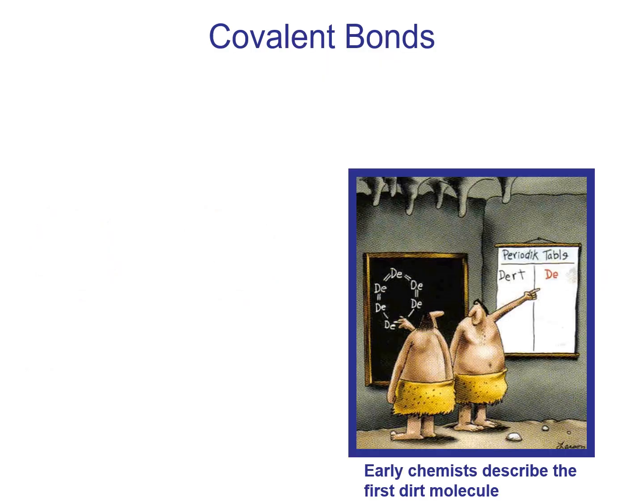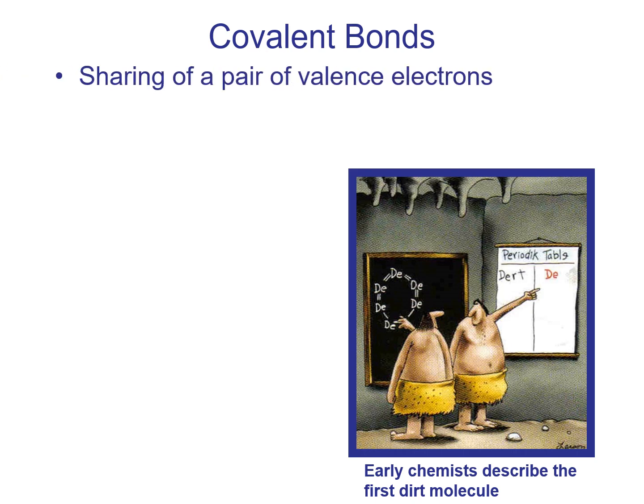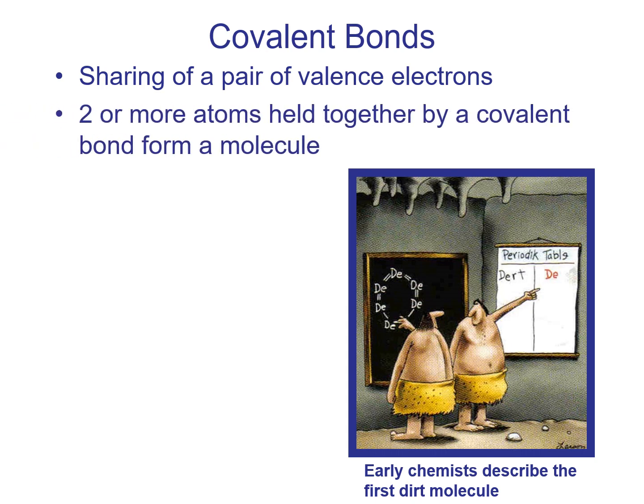And it's important to note that with covalent bonds, we're always talking about sharing pairs of valence electrons. So in the last example with diatomic hydrogen, we were sharing a pair of electrons between 2 hydrogen atoms. And we can have several atoms held together in covalent arrangements.